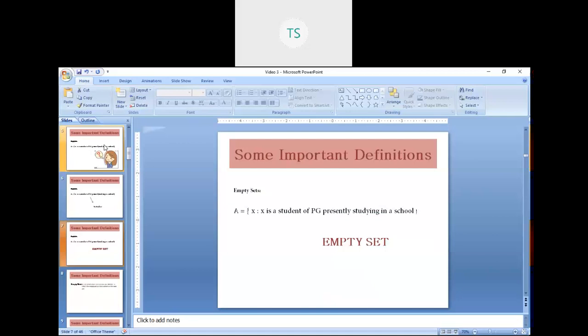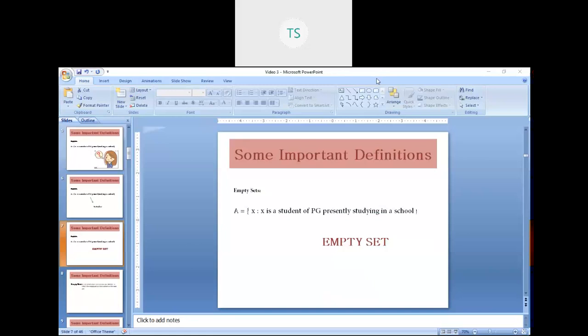Now, can any one of you give me another example of an empty set? Any one of you? Can you give me one example of an empty set? Hello?